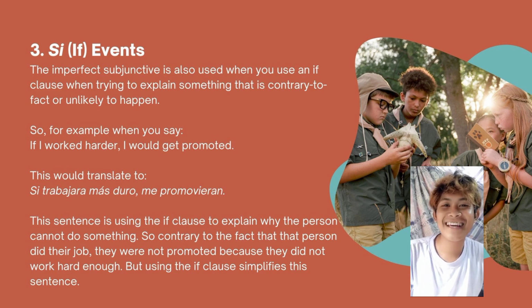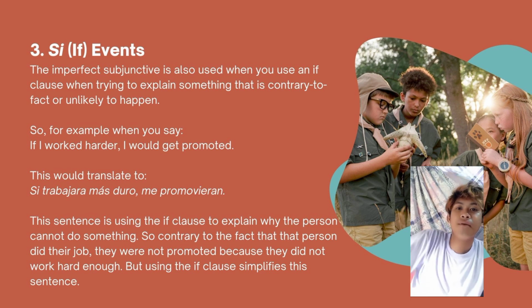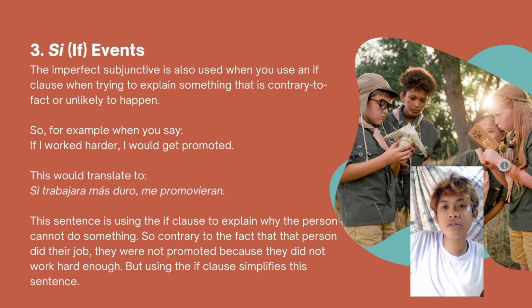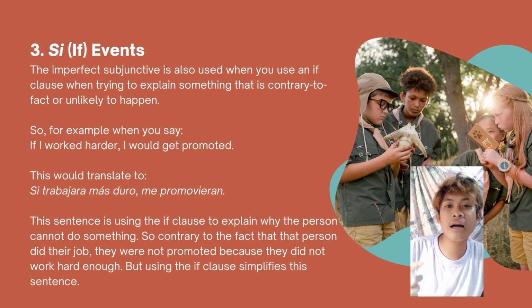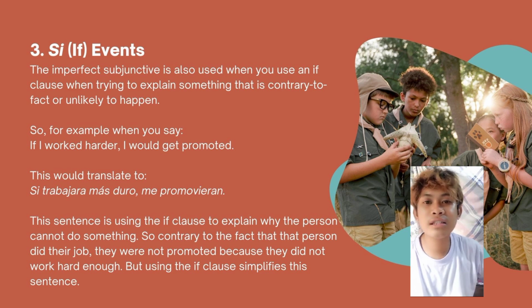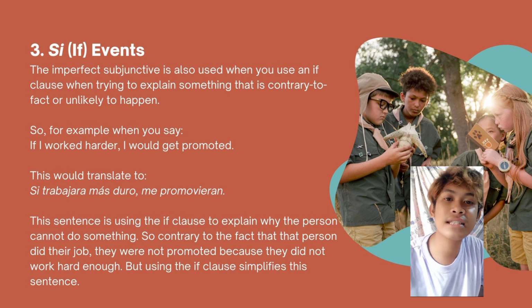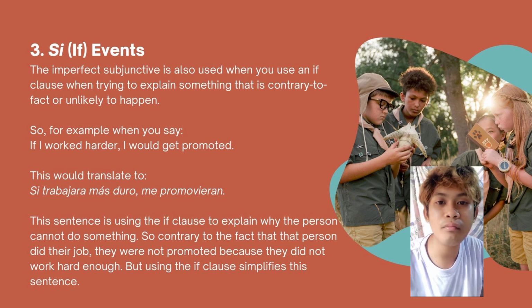This sentence is using the if clause to explain why the person cannot do something. So, contrary to the fact that the person did their job, they were not promoted because they did not work hard enough, but using the if clause simplifies this sentence.